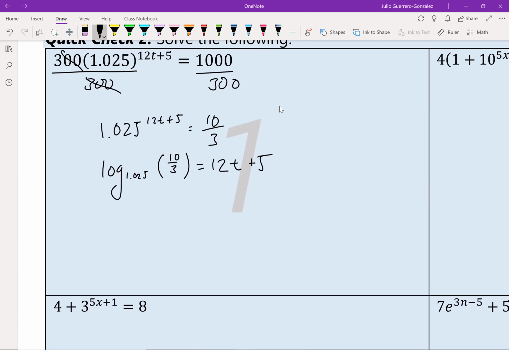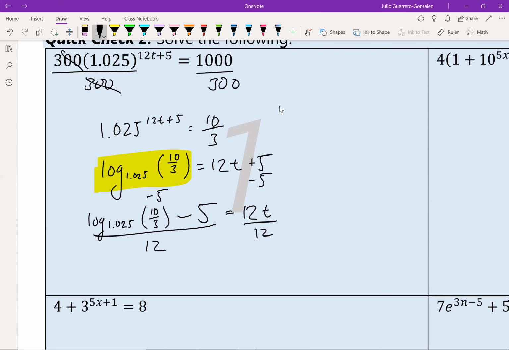And now, just keep in mind, all of this is one number, so you have to treat it as such. So minus 5, so it's going to be log base 1.025 of 10 over 3 minus 5, equals 12t, divided by 12.